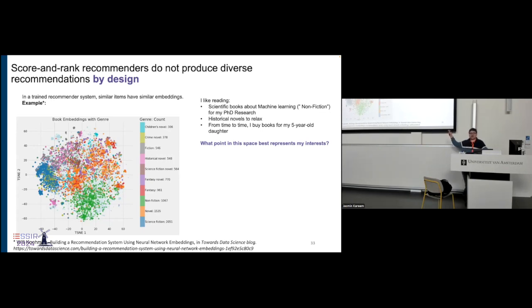Because this is a 2D picture. In reality, when we train our recommender models, the dimensionality of the space is huge, and when the dimensionality is high, it becomes easier. If we cannot find a point that is close to the others in this dimension, we can move to another dimension and make them close.